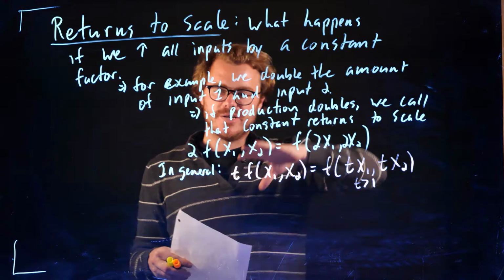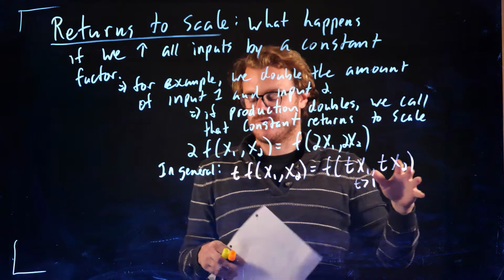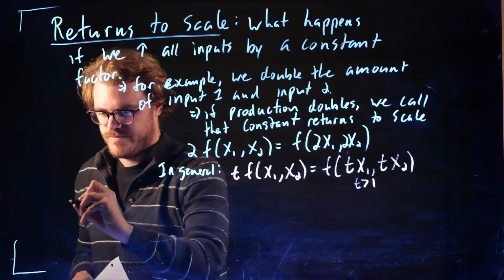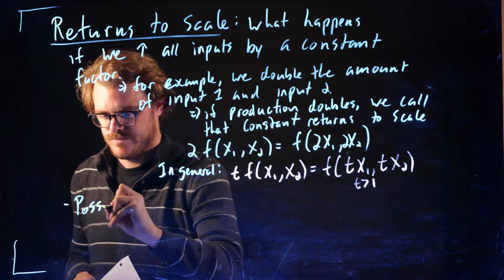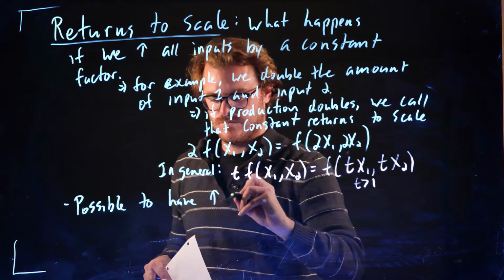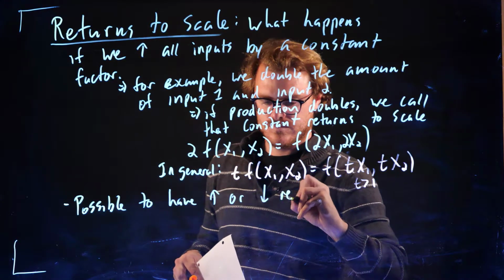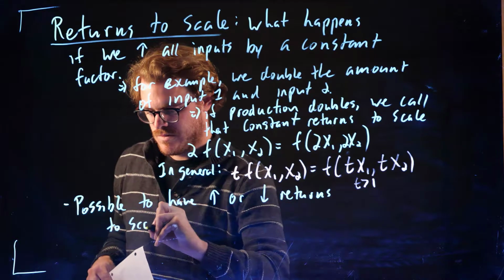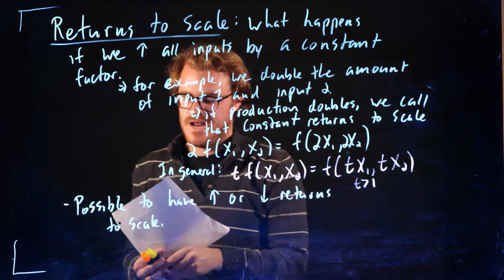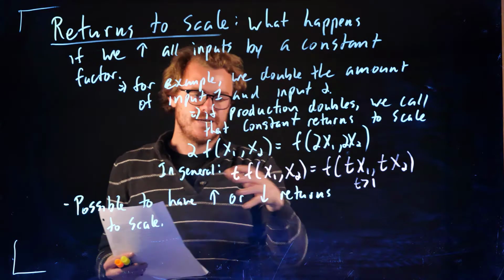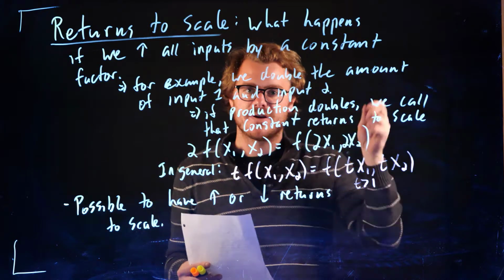It's also possible to have increasing or decreasing returns to scale. And I'll raise this board and talk about this in a second and write out the mathematical notation for this.